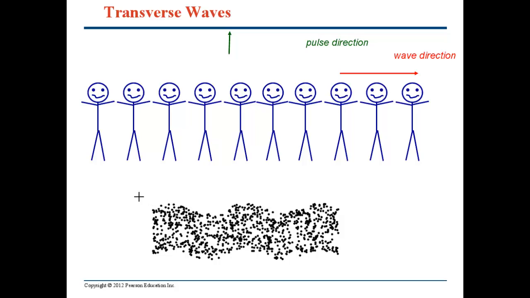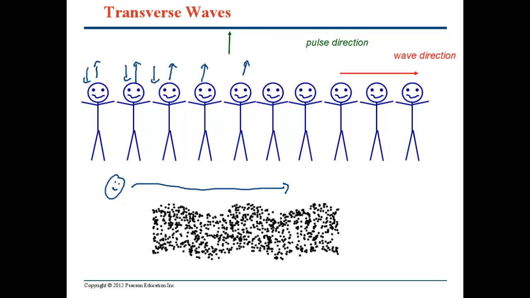For transverse waves, think about people doing the wave as the mascot goes by at, say, a football game and they've had several beers. The way it works is the mascot is going to run across the field, and this person's going to go up, and then this person, and this person, and meanwhile this person's going to sit down, sit down, sit down.